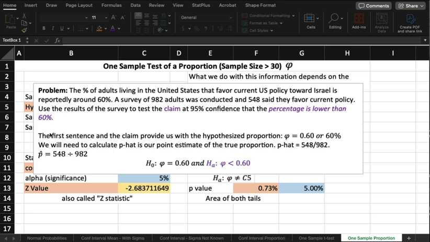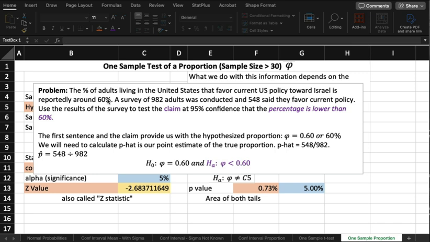So the first thing to do is to write your null hypothesis and your alternate hypothesis, and also to consider what it is that we're going to need to solve this problem. The very first sentence gives us a clue as to what the hypothesized proportion is, because it tells us what the status quo is.